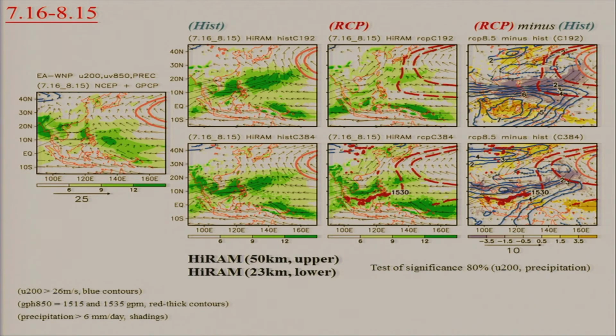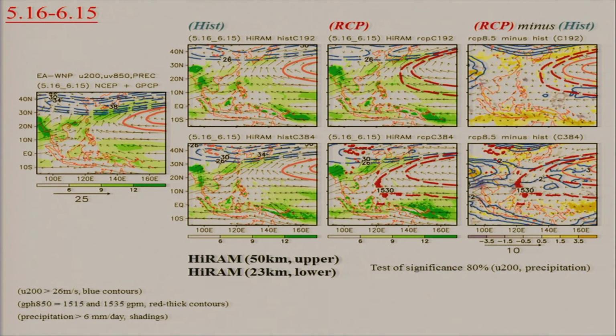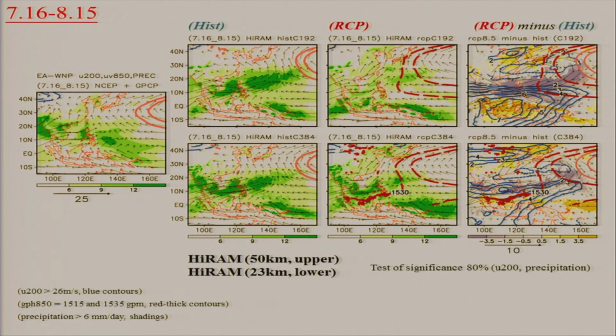However, over the tropical area, the projected future change is quite different in the 20 kilometer compared with the 50 kilometer. And this feature can also be found in the early summer. In the tropical area, the projection is quite different between the two horizontal resolutions.